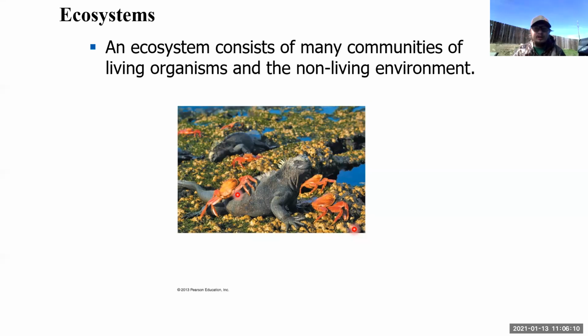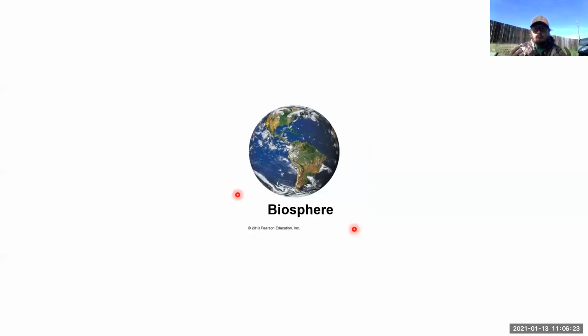So all of those non-living factors that are interacting with the living components of that community or population make up an ecosystem. And then once you have all of the ecosystems combined, that makes up the globe or the biosphere.